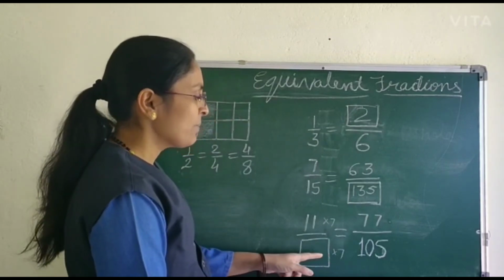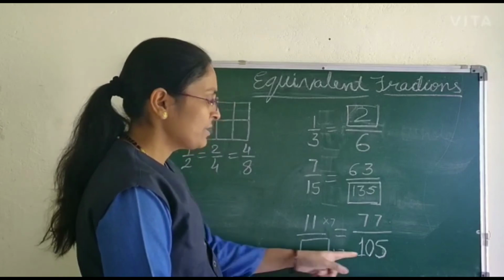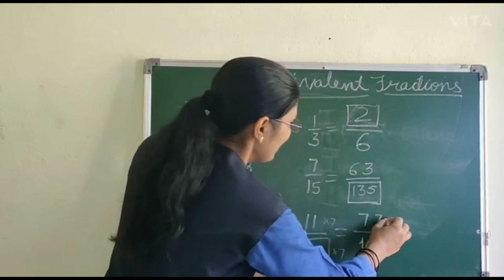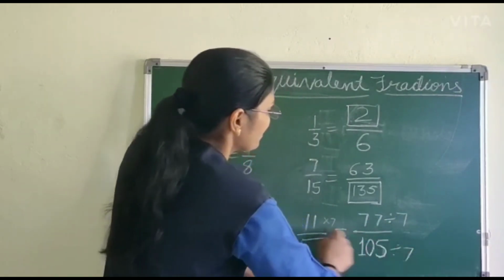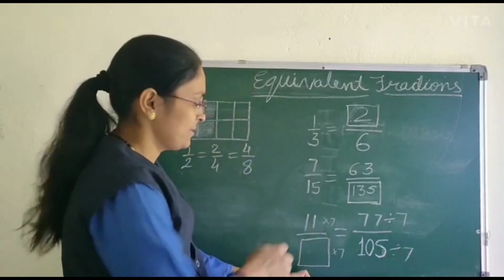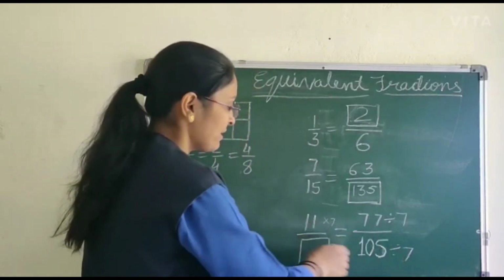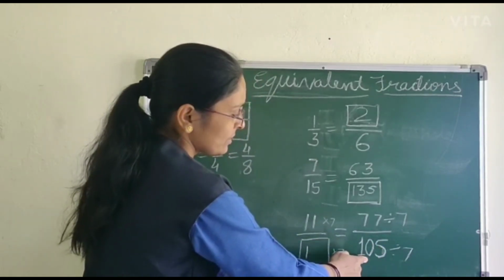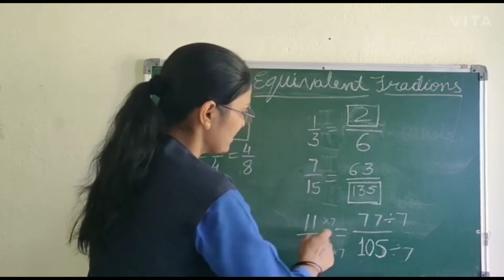That means by which number we multiply 7 to get 105? Or the opposite, we divide 105 by 7 to get this blank. 7 ones are 7, then 3 remainder, 7 5s are 35.